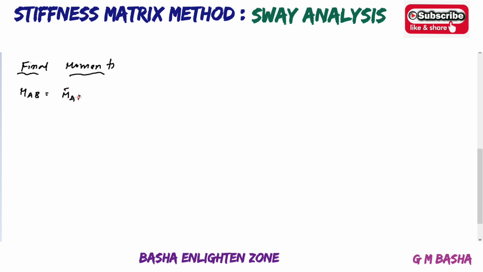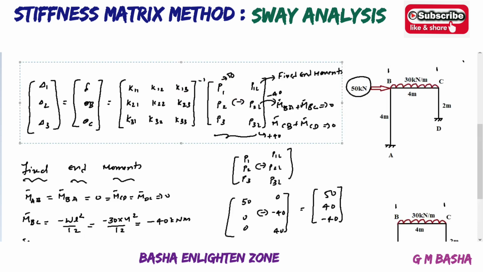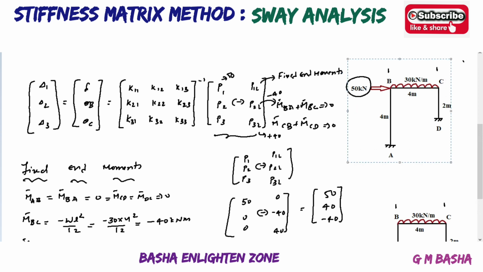M bar AB plus 2EI by LAB into 2 theta A plus theta B minus 3 delta by L. Okay, so you have to observe a small difference here. So I will take the same diagram for my explanation purpose. See here.